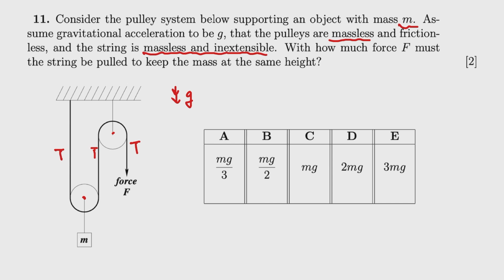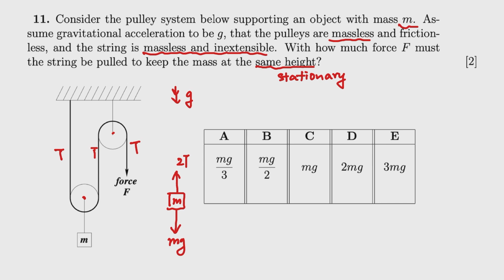Let's look at the question again. It says the mass is at the same height, which means that it is stationary. So if it is stationary, that means the resultant force should be 0. Now, I'm going to draw the force diagram of the mass being supported. Obviously it has its weight, mg, and there are two strings pulling it up, so the upward force should be 2T.